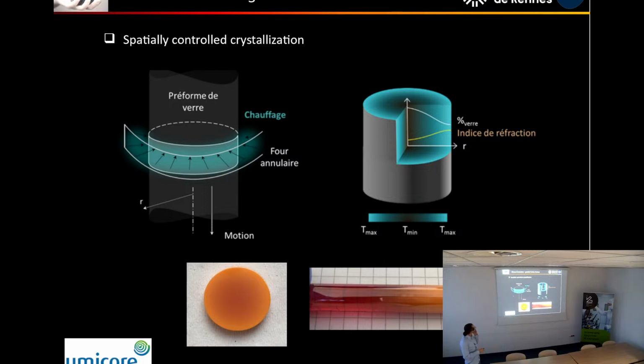The first idea here is to use a partial crystallization of the glass in order to change the refractive index locally. Here you can see a rod of chalcogenide glass. A part of the glass is crystallized, and the crystals have a lower index than the glass. So by controlling the amount of crystals and the localization of the crystallization, they can make a kind of graded index lens.